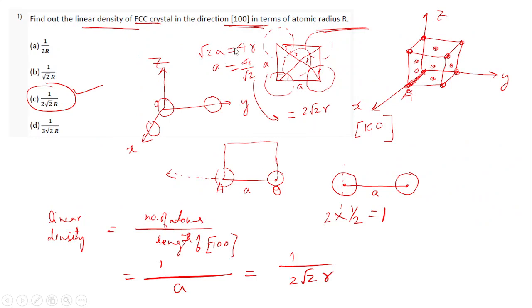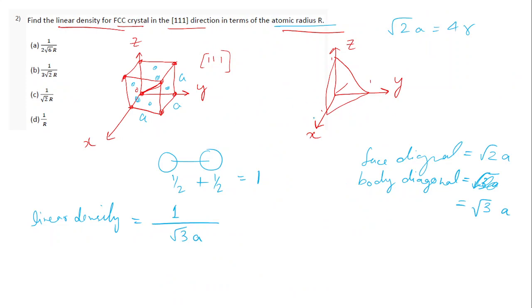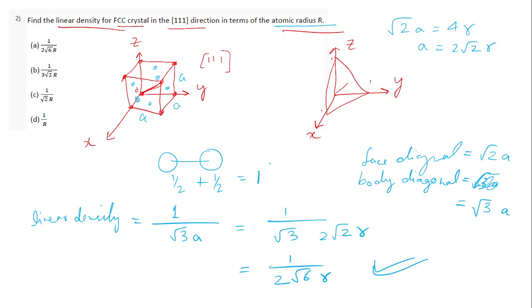From there we get the relation between a and R, that a equals 2 root 2 R. So if I substitute this value, I get 1 over root 3 times 2 root 2 R. After multiplying, I get 1 over 2 times root 6 R, since root 3 times root 2 is root 6. So 1 over 2 root 6 R is the linear density here, and the correct option is option A.